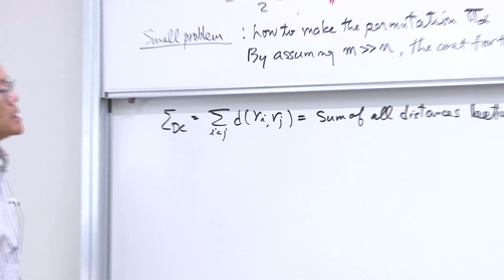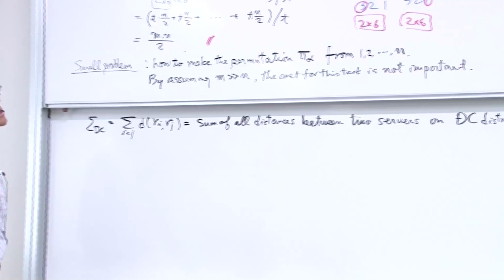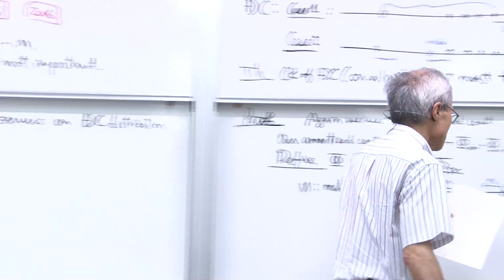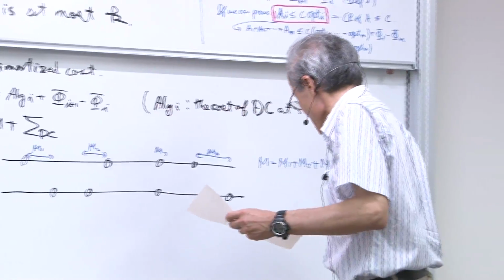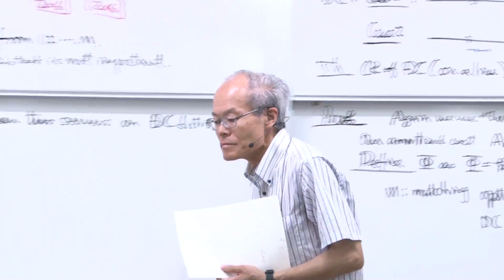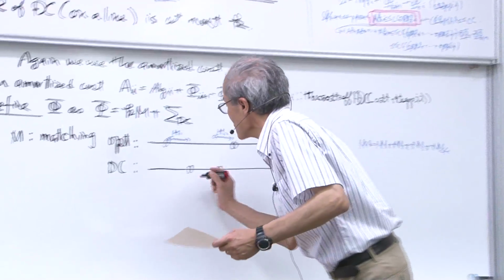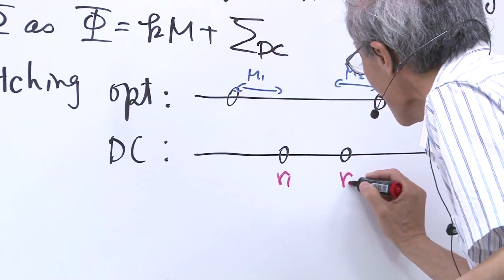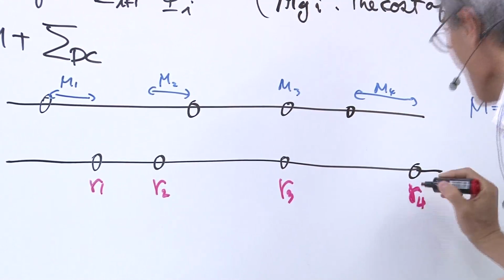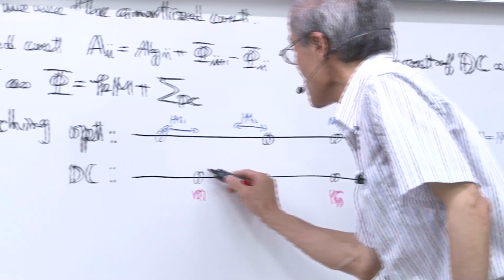Sigma DC is the sum of all distances between two servers on DC. That means this distance.